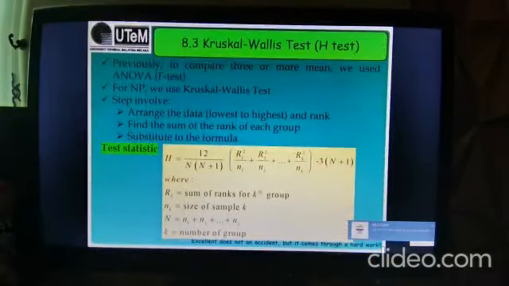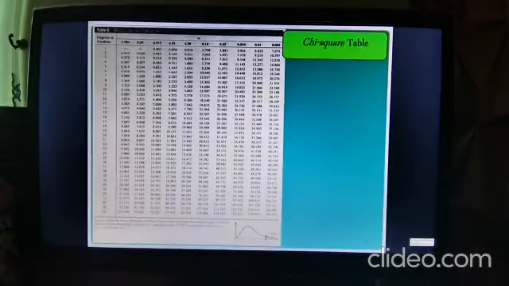For this Kruskal-Wallis test, the symbol for the test statistic is H. But we refer to table G, the table of chi-square distribution. The symbol of chi-square is x squared.